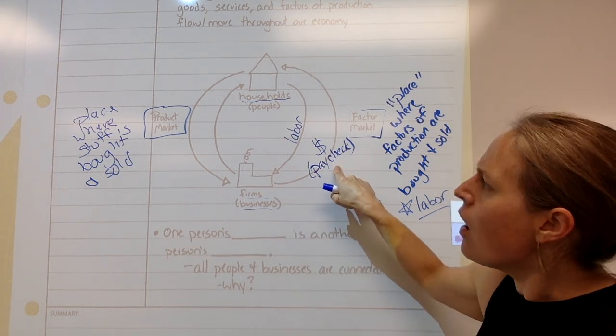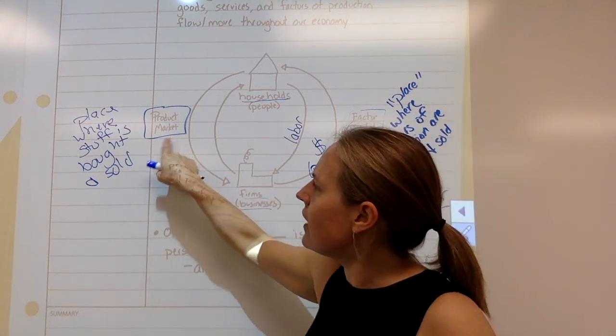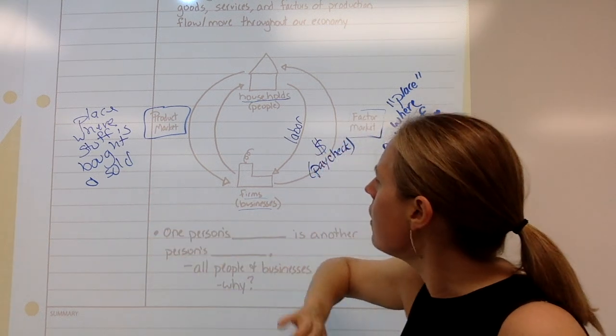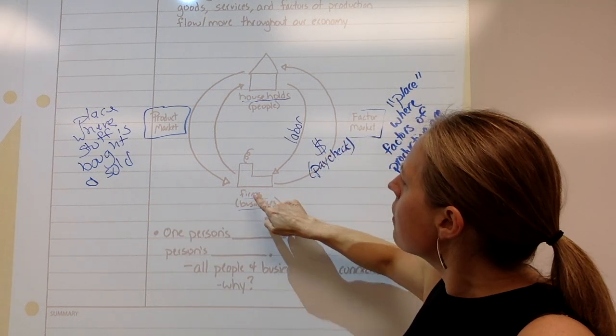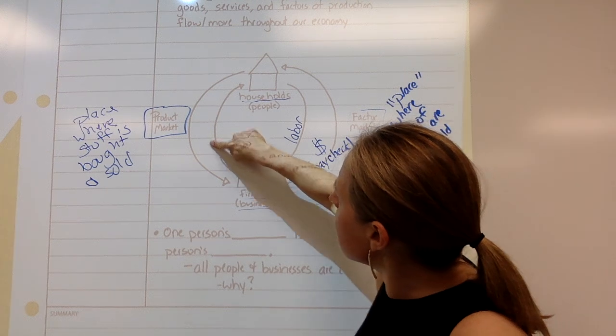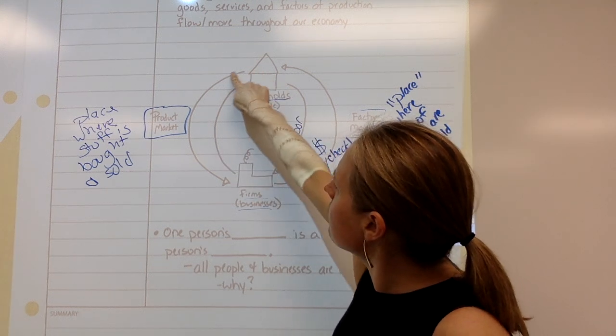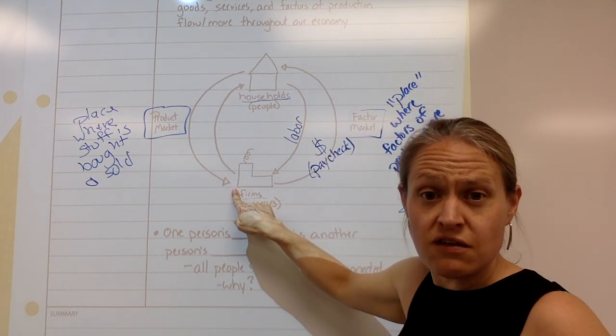We know that. All right, product market, place where stuff is bought and sold. So the businesses send something to the people, and in return, the people send something back to the businesses.